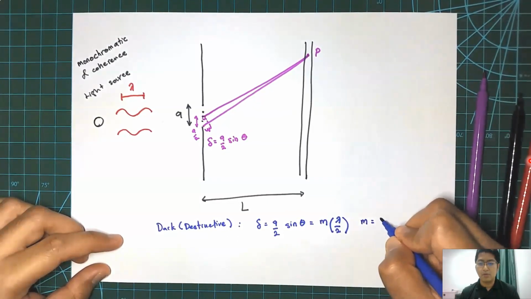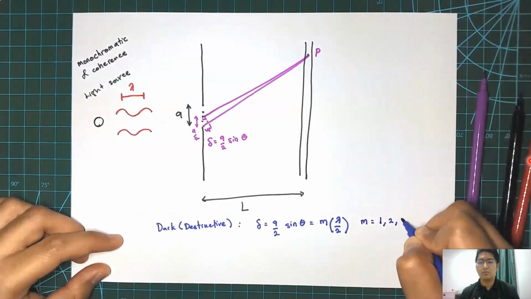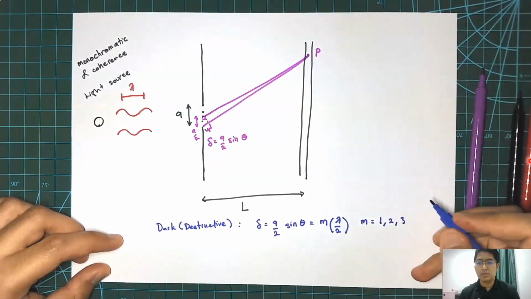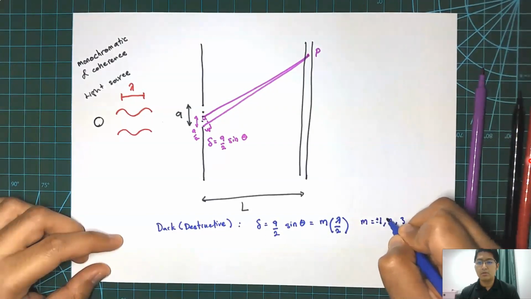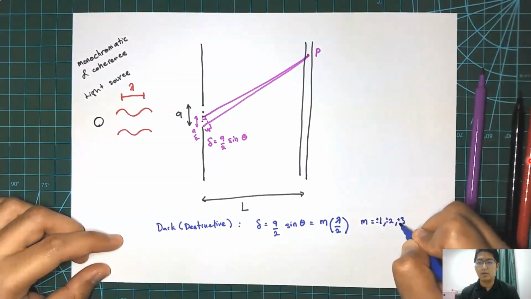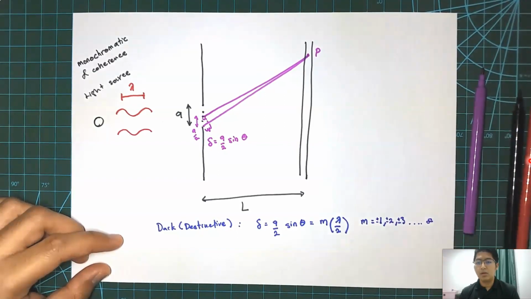If half of the lambda equals the path difference from half of the slit, then they will cancel each other. The light will cancel each other, so destructive interference will occur, provided that m equals plus minus 1, plus minus 2, plus minus 3, until infinity.